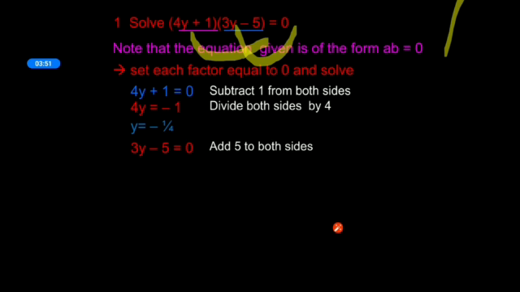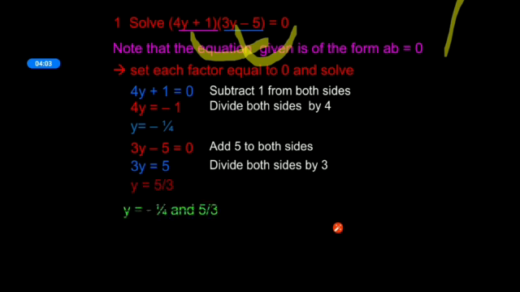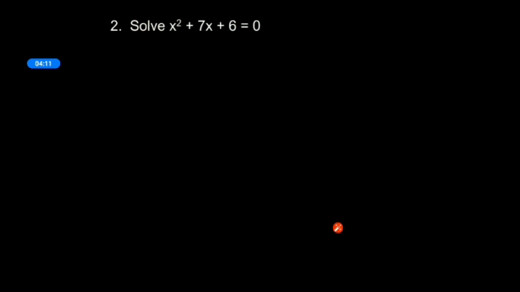That means add 5 to both sides. So we have 3y equals 5. Divide both sides by 3, such that y equals 5 over 3. And the answers will now be y equals either minus 1 over 4 or 5 over 3.